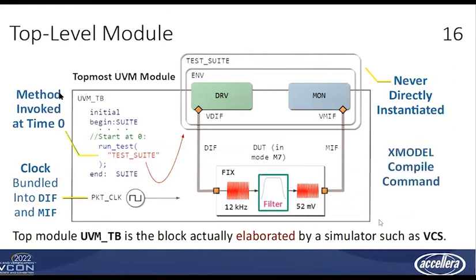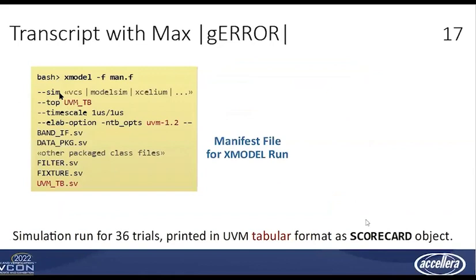And here's the xmodel command compiling all the SystemVerilog to generate a ready-to-run executable in VCS. So this is the block elaborated by the VCS simulator. xmodel also supports ModelSim and Excellium, as shown in this manifest file.